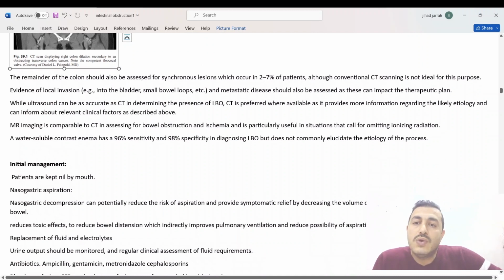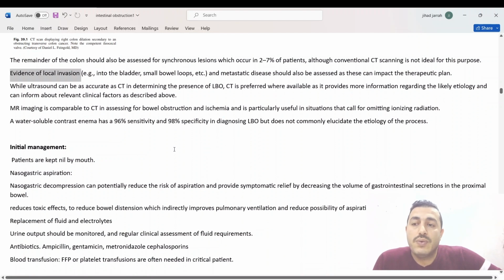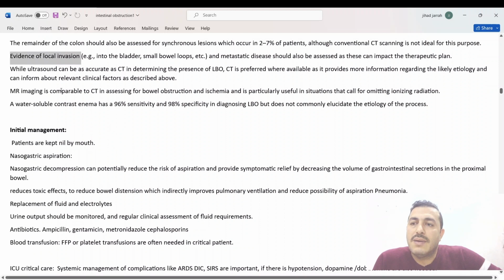They also continue to talk about the CT scan and how important it is. It can be used to assess synchronous lesions in the bowel, although it's not ideal for detecting them, but it can help us. It can also help us see if there is local invasion to the bladder or the small bowel. These are picked up with a CT scan. They talk about the ultrasound, nothing special.